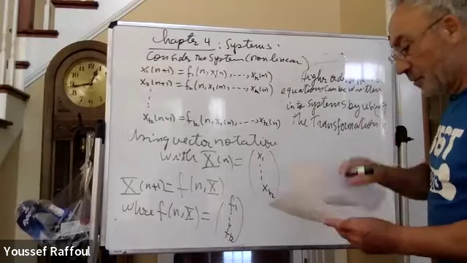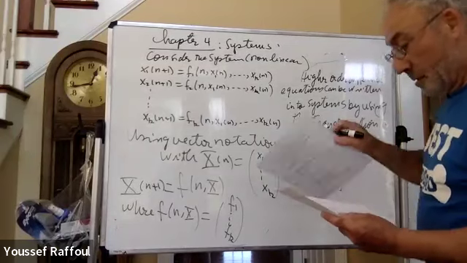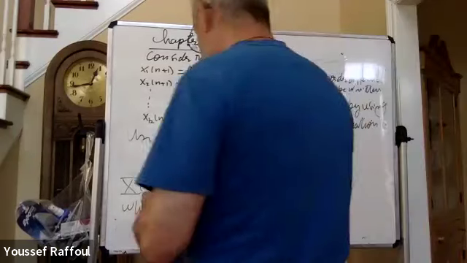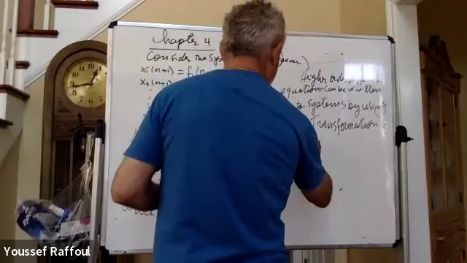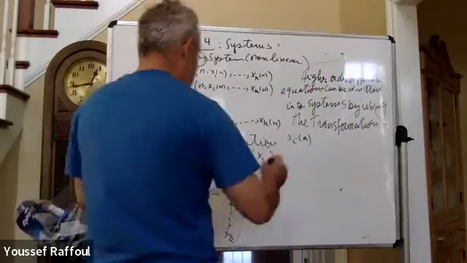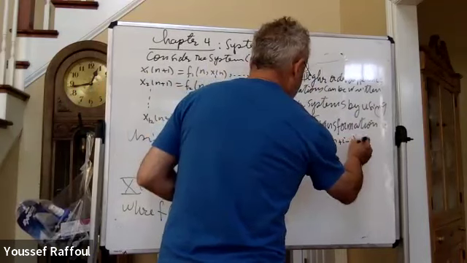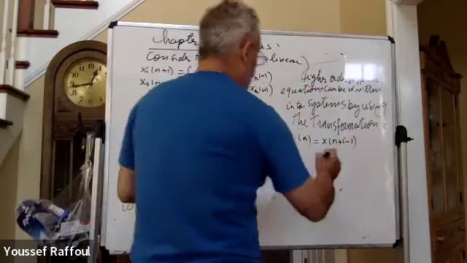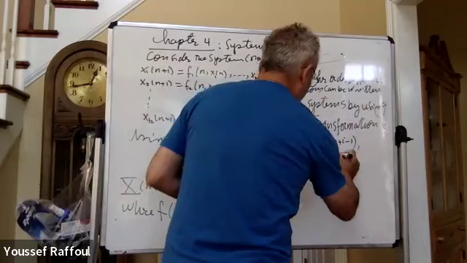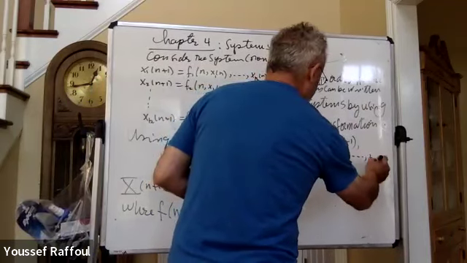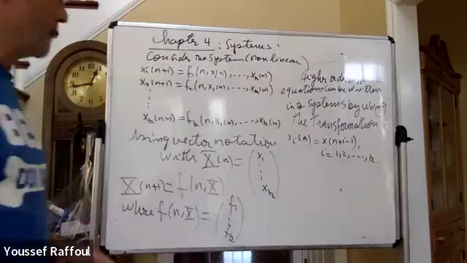If we're going to use the transformation, it's going to be x_i of n equal to x of n plus i minus 1, where i equals 1 all the way to k.